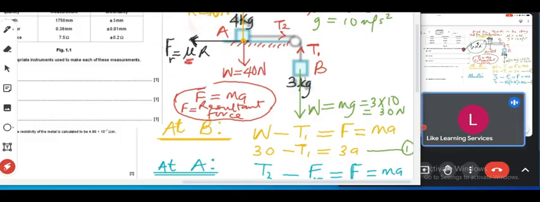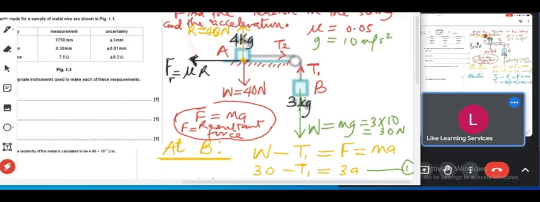Frictional force is mu times R. Normal reaction is 40. R is the normal reaction, and mu is the coefficient of friction. Is it clear now? Yes. Mu, coefficient of friction; R, normal reaction.